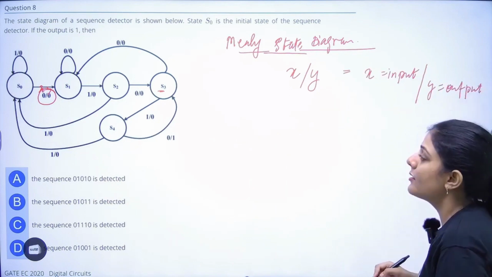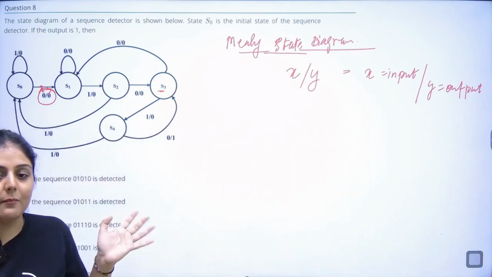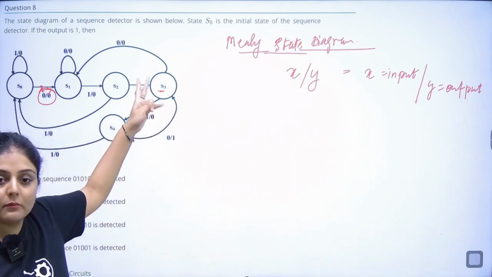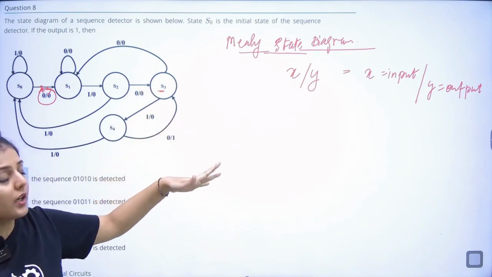This is how we are representing input and output in a Mealy state diagram. The first one is your input, the next one is your output.